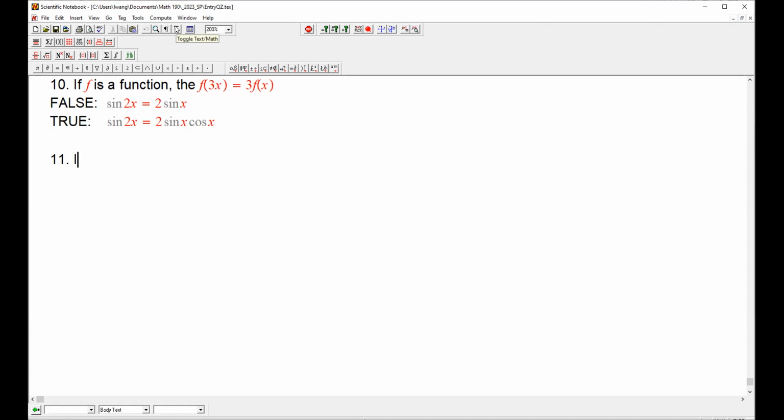Say f is a decreasing function, and x sub 1 is less than x sub 2, then f of x sub 1 is larger than f of x sub 2.